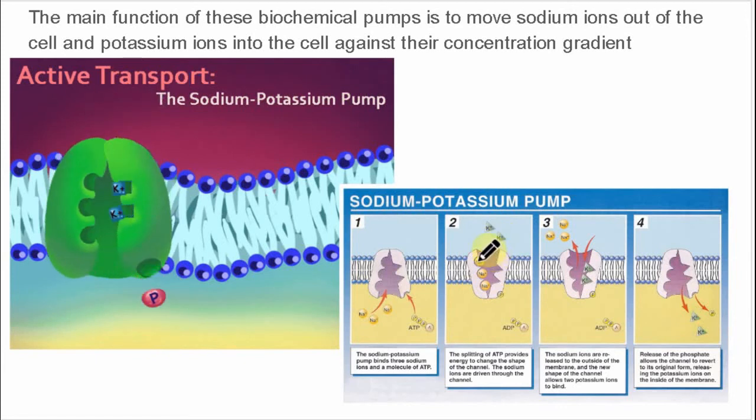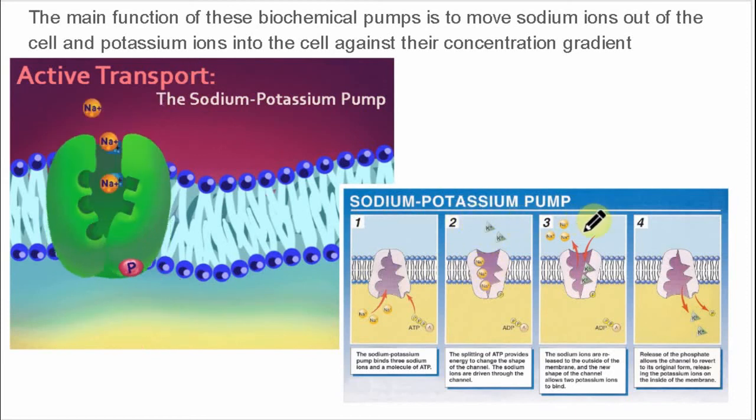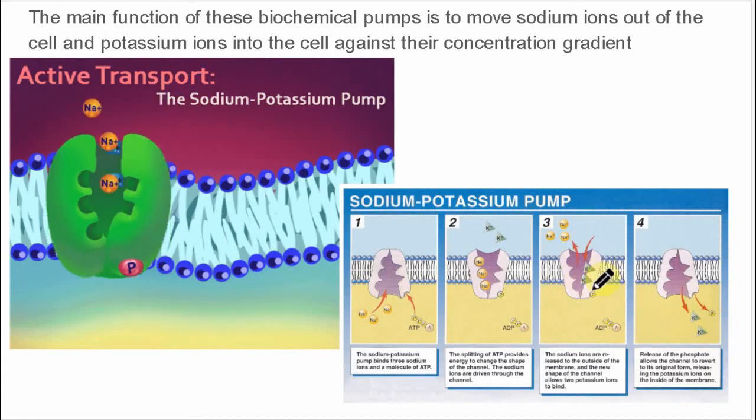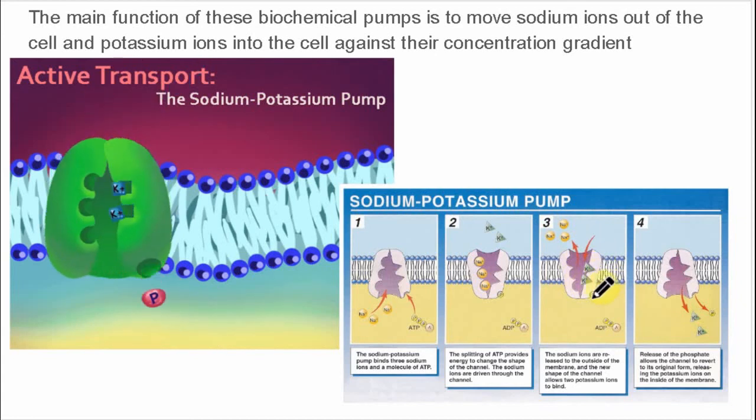This will help in the release of Na plus ions to the extracellular fluid, and then 2 K plus ions will enter the sodium potassium pump, and this will cause a dephosphorylation.